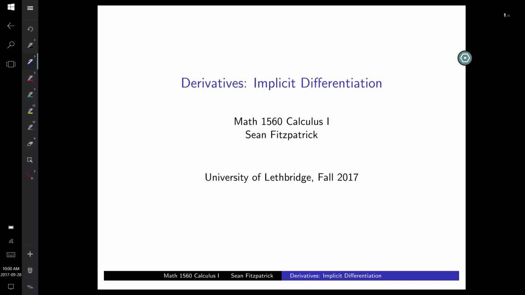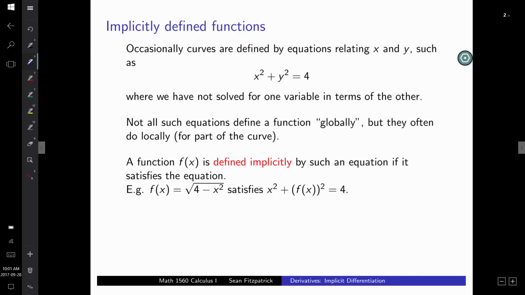In this video we're going to explore one of the uses of the chain rule, which is called implicit differentiation. Implicit differentiation involves equations where you have functions of both x and y. So you have some equation relating the two variables where you can't necessarily solve for y.